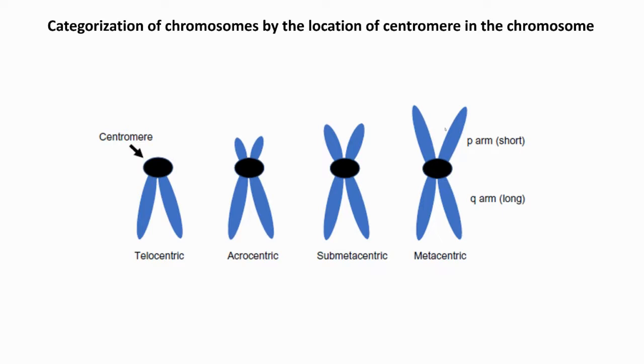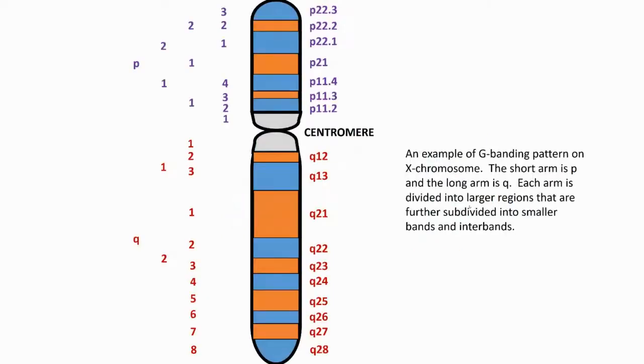Normally they put the shorter arm on top and name it the P arm, and the longer arm on the bottom and name it the Q arm. Once you learn the P arm and Q arm, there is a further nomenclature to tell you how they name the chromosome regions.